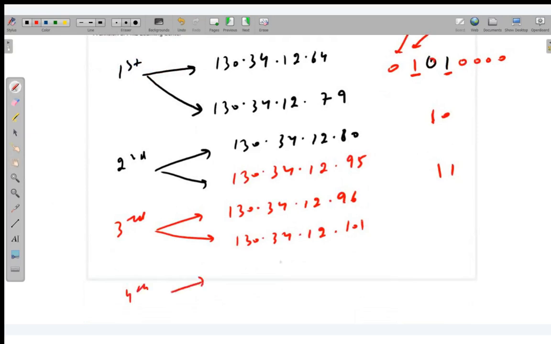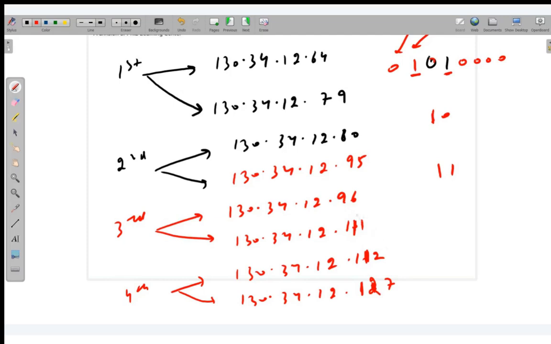Okay, so what about my fourth organization? It will start with 102, so 130.34.12.102, and till what point will it go? We will add 15. So 117. Okay, I have done some calculation mistake. 96 plus 15 is 111.